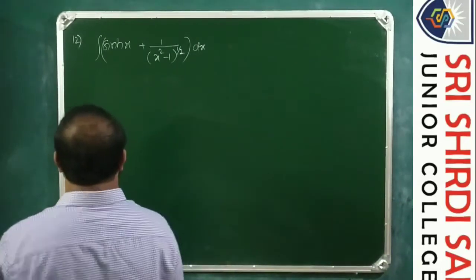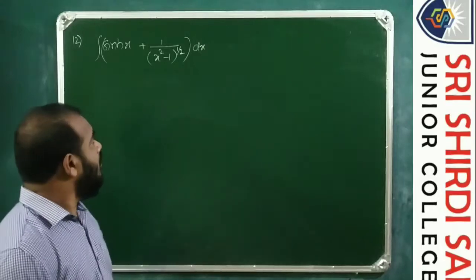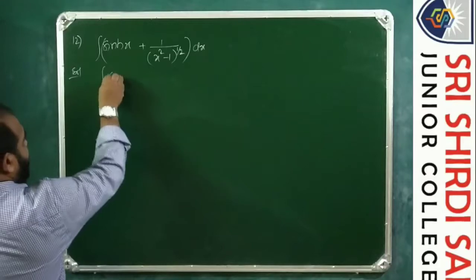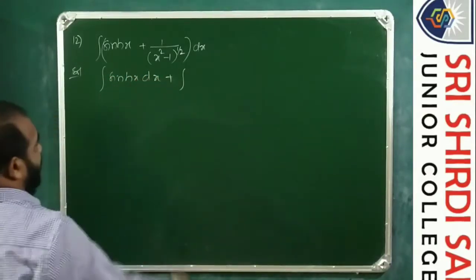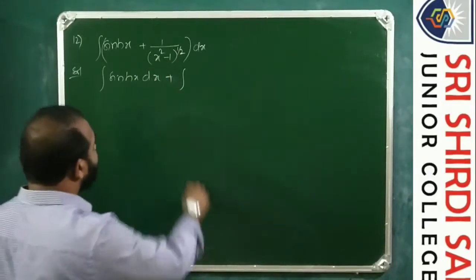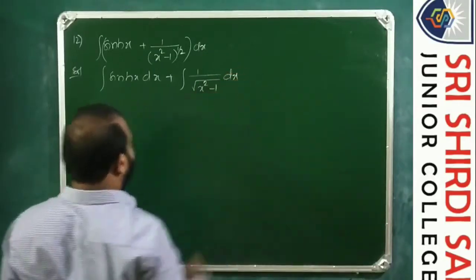The next question is integral of (sinh x + 1/(x² − 1)^(1/2)) dx. This is integral sinh x dx plus integral 1 by root of x square minus 1 dx.